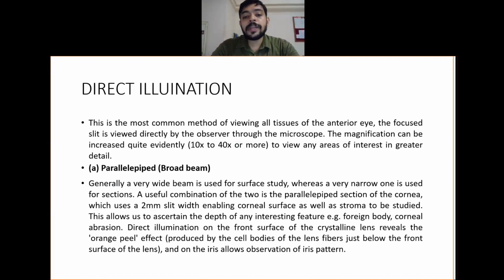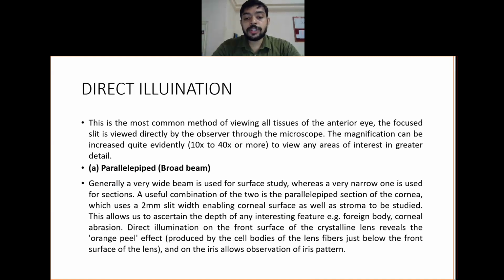A useful combination of the two is the parallelopiped section of the cornea, which uses a 2 millimeter slit width, enabling the corneal surface as well as stroma to be studied. This allows us to ascertain the depth of any interesting features, for example foreign body, corneal abrasion.